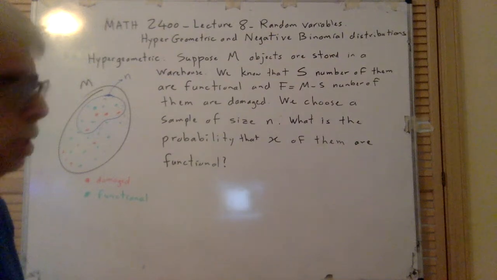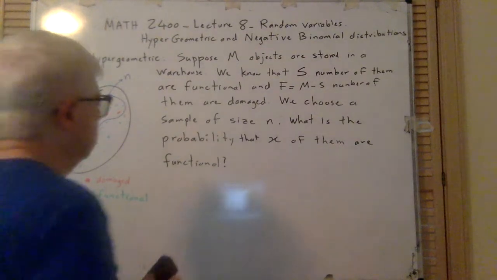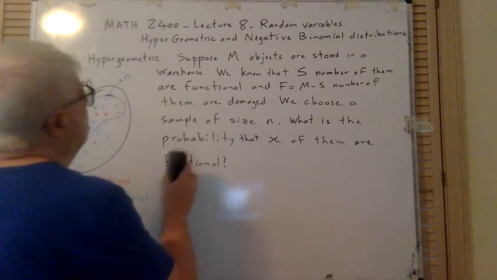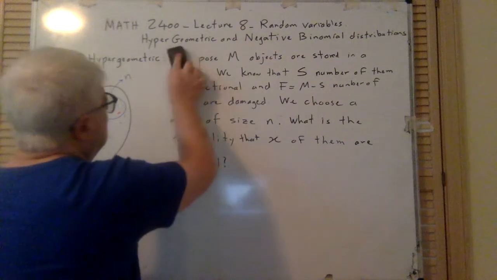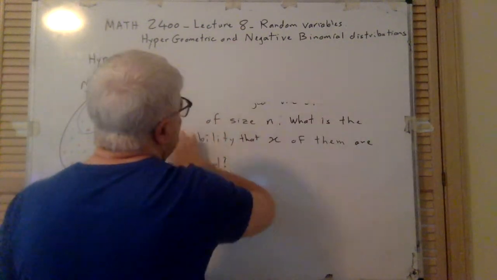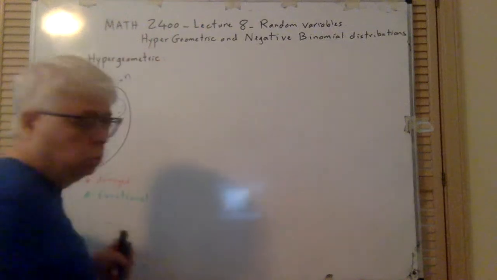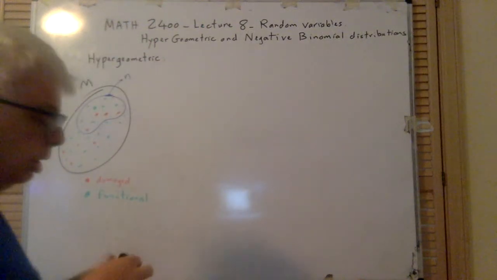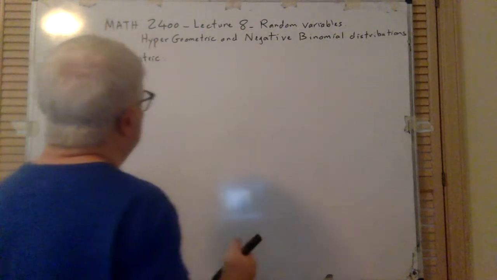Okay, so let's see how we can do this. We have to relate this to some random variable, and you can guess what we are trying to find is the number of good ones.